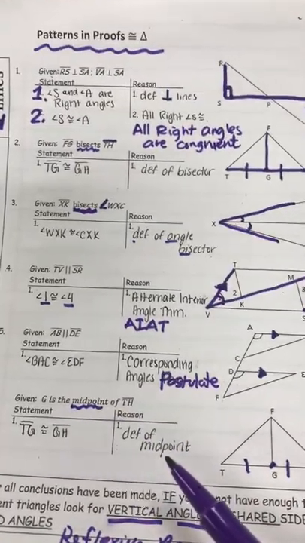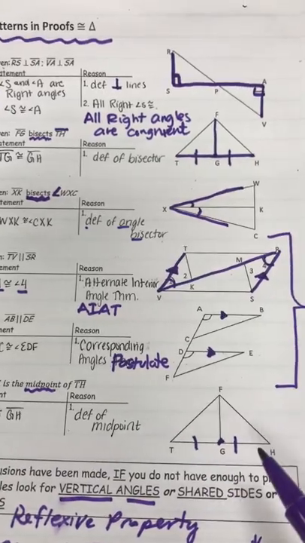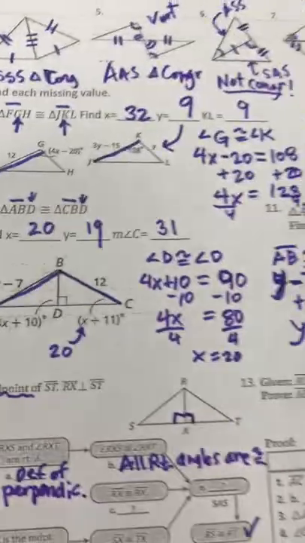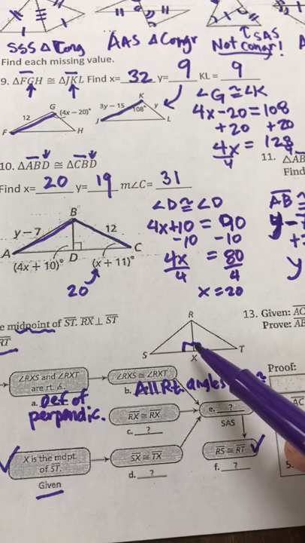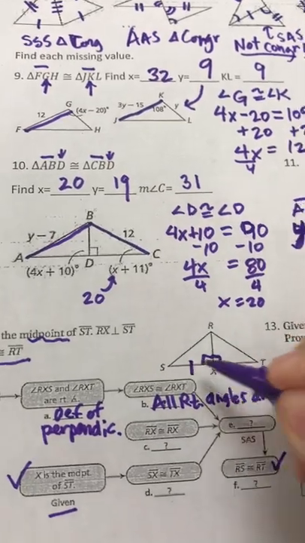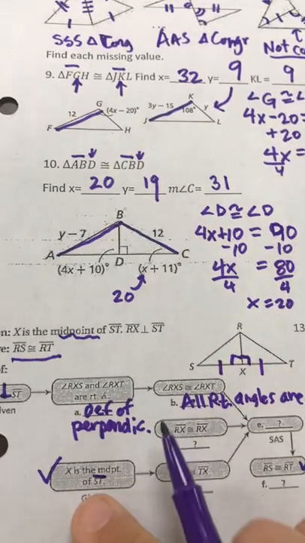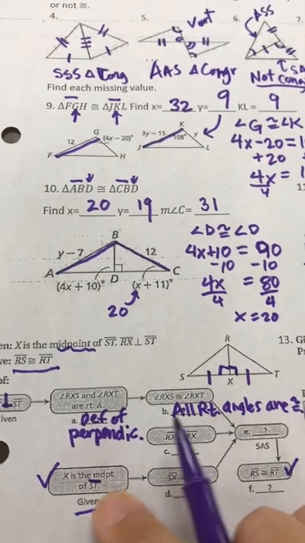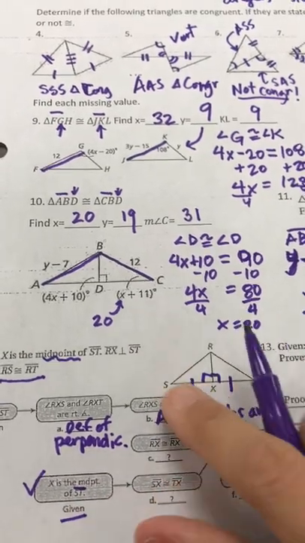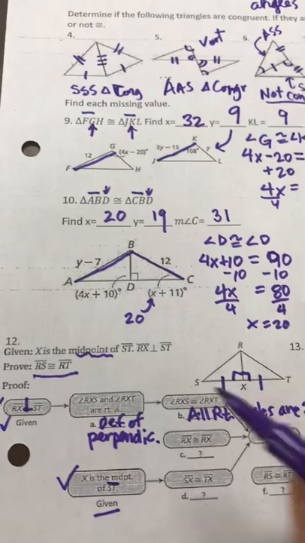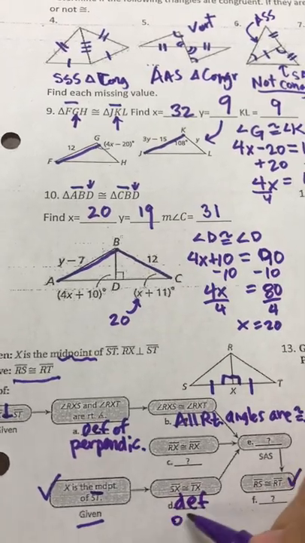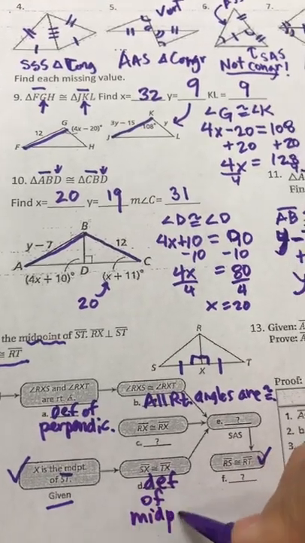My notes say, if I see the word midpoint, I have to address that the left has to equal the right, and that's the definition of midpoint. So if X is in the middle of ST, then I have to put 2 marks because ST is a line segment. And, oh, they did that for me too. The left and the right have to be equal, and that's the definition of midpoint.